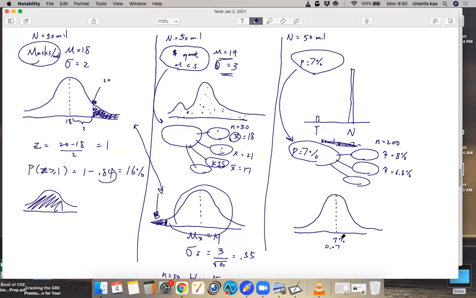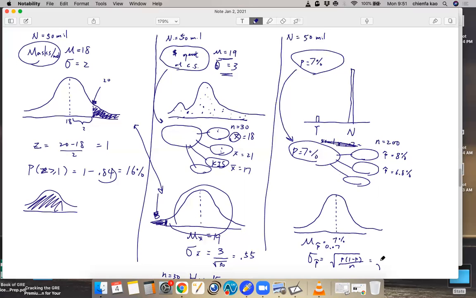What is the standard deviation? There's a formula. This is the average of the proportions, and the standard deviation of the proportions would be the square root of P times (1 minus P) over the sample size, which is 200.